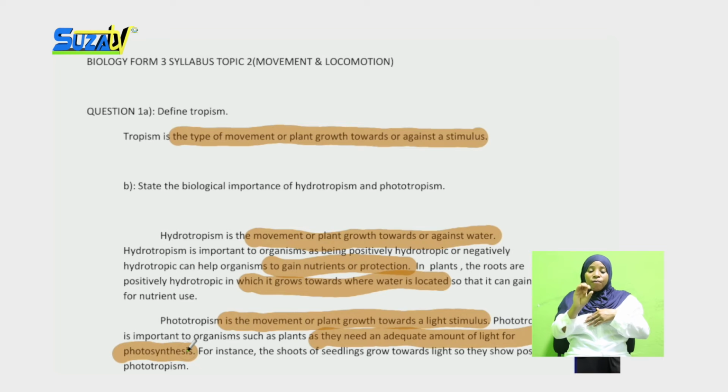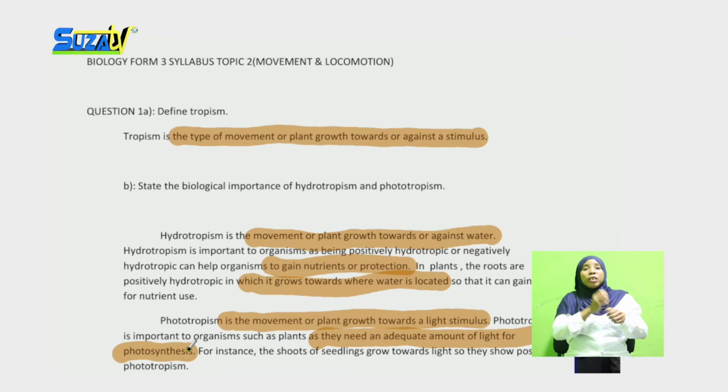All plants need enough light for photosynthesis to occur. That's why they are positively phototropic; they grow towards a position where they can gain maximum light for photosynthesis. For instance, the sunflower always faces the sun.